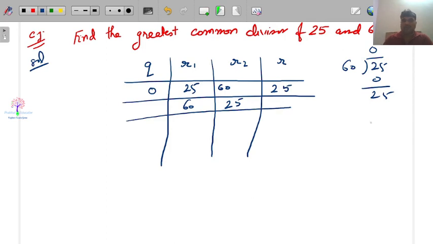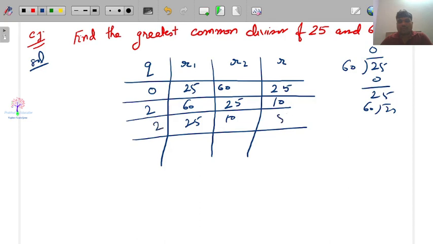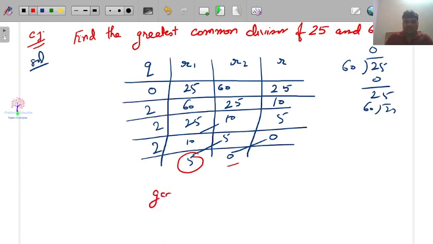So let's check. 60 divided by 25, 2 times 50, remainder is 10, then 25 and 10. So 2 times, remainder is 5, 10 and 5. Go 2 times, remainder is 0, 5 and 0. So at last you get the 0. So this is our GCD. So GCD of 25 and 60 is equal to 5.